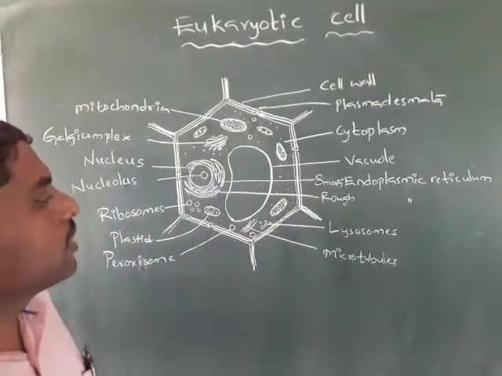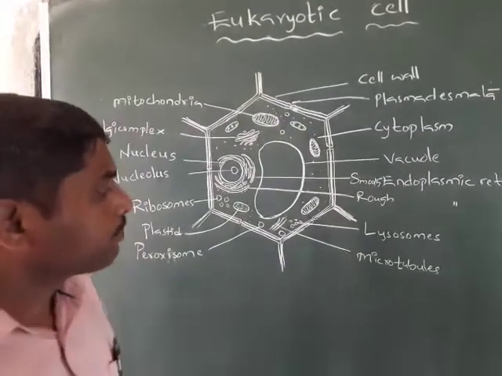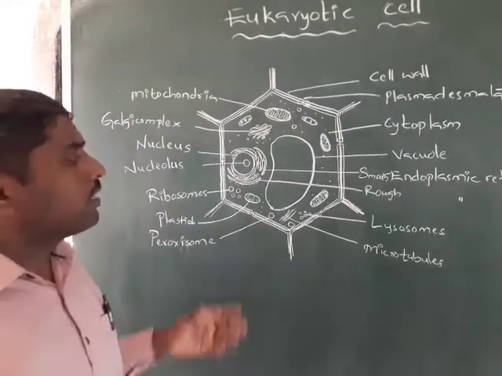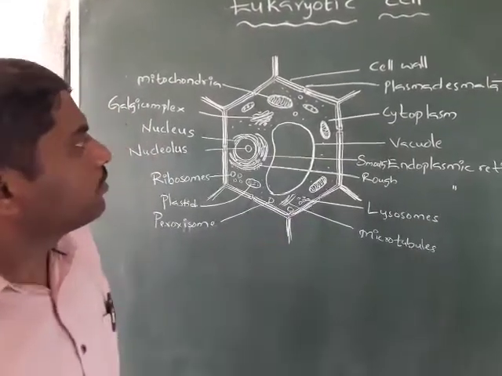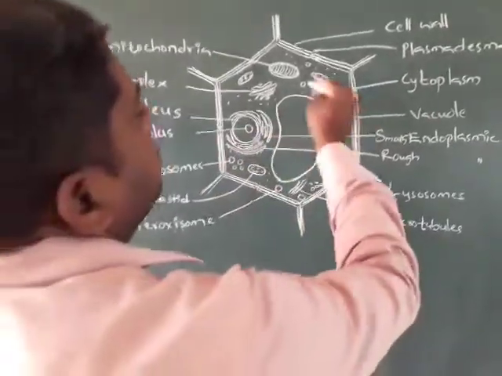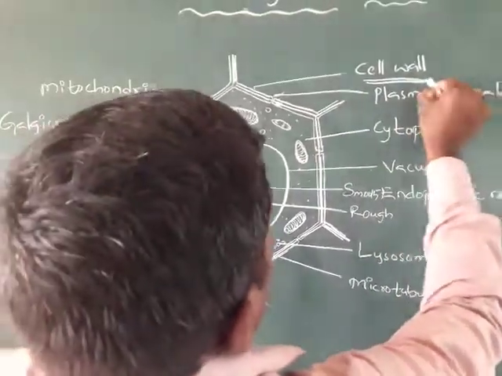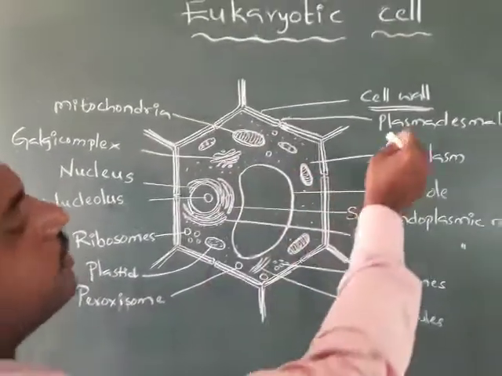So here we have to discuss the typical plant cell. Here is a typical plant cell structure. We have to discuss the organelles present in this cell, just in brief. See here, it is a cell wall. The cell is enveloped by a layer called the cell wall.